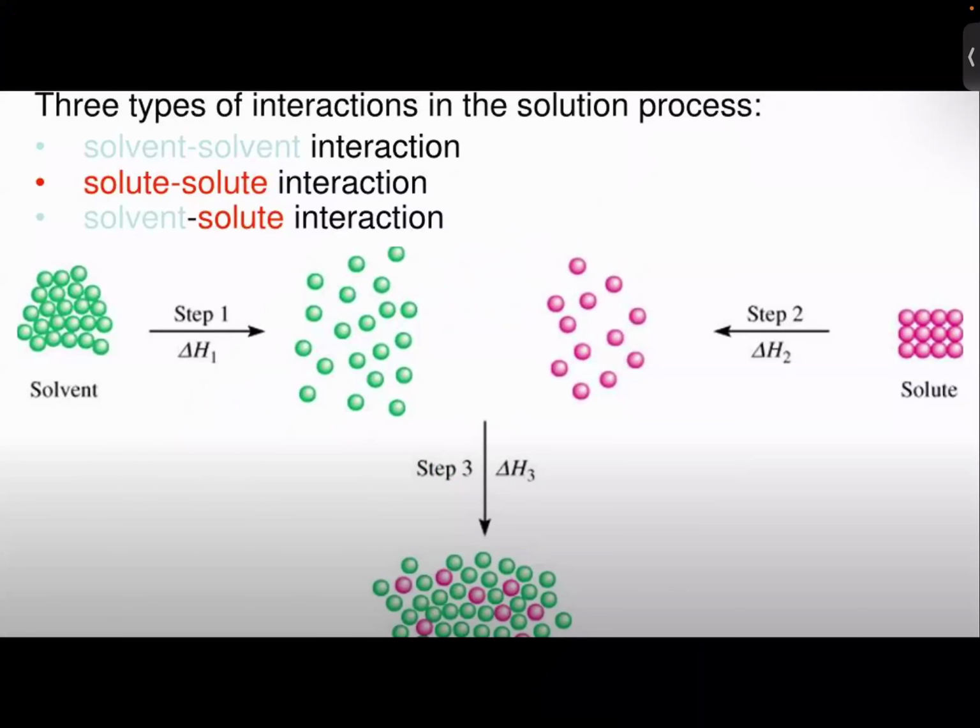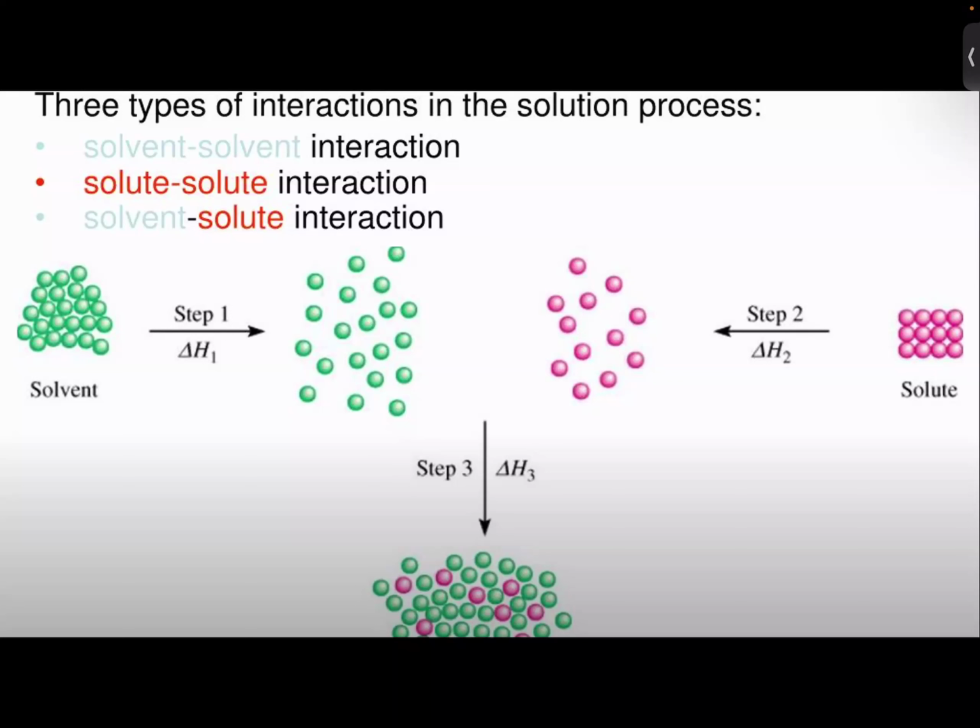The first thing that must occur is you must add energy in the form of an enthalpy to that solvent in order to break down the forces that keep the solvent molecules in close proximity to one another. With the solute, you must do the same thing.